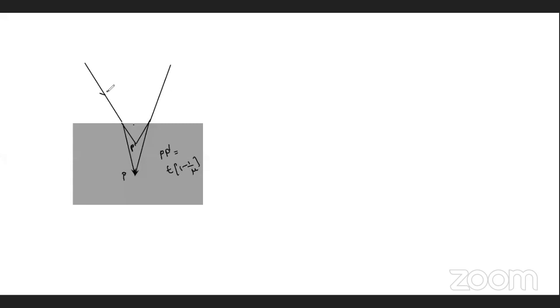If the rays are coming from air to this medium, some medium of refractive index mu, then from the surface here, this is your refracting surface, the position where they are supposed to be converged will be shifted away from this surface.